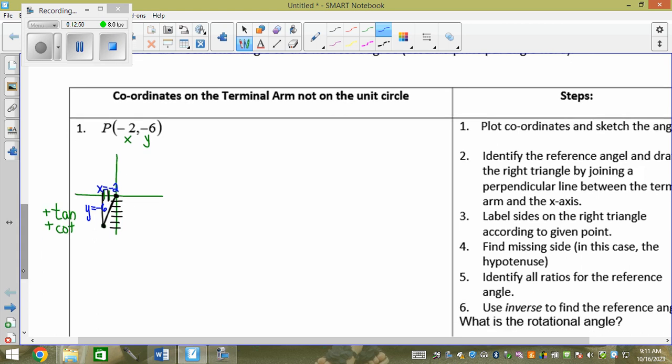So we're going to find that first. r squared equals x squared plus y squared. So -2 squared plus -6 squared. r squared equals 4 plus 36. r squared equals 40.